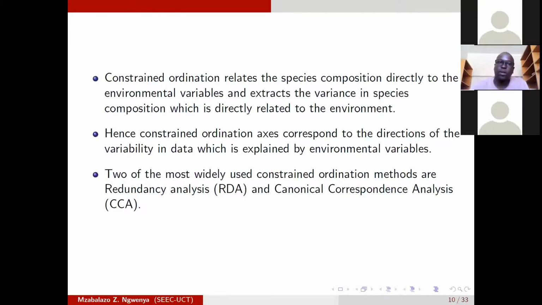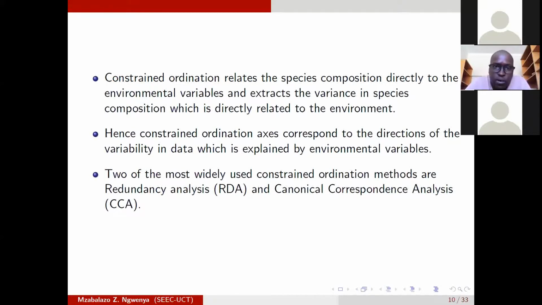Okay. So constrained ordination allows us to relate the species composition directly to our environmental variables and extract the variance in our species composition data, which is directly related to the environment. So instead of just extracting directions of maximum variation, we're extracting those directions in relation to environmental variables.